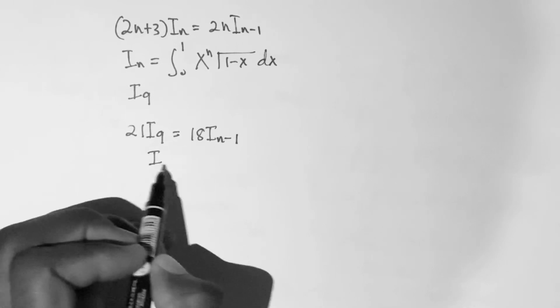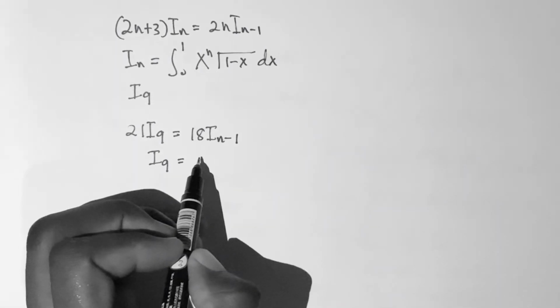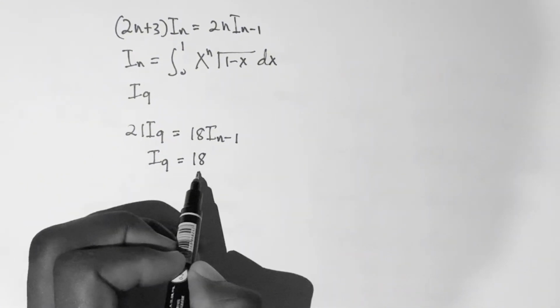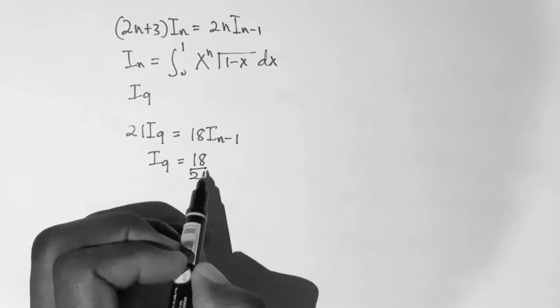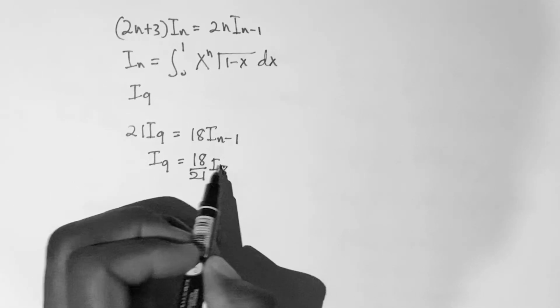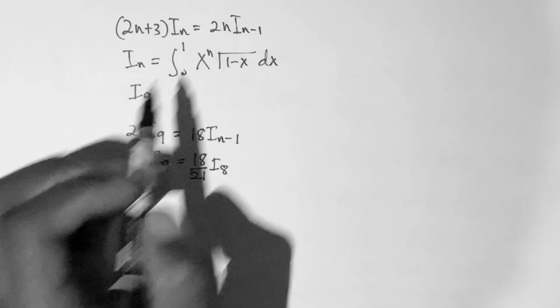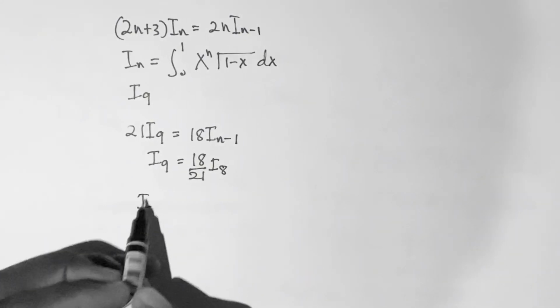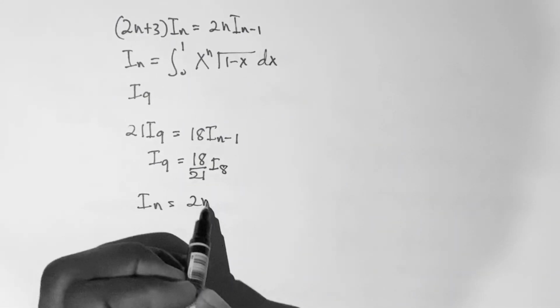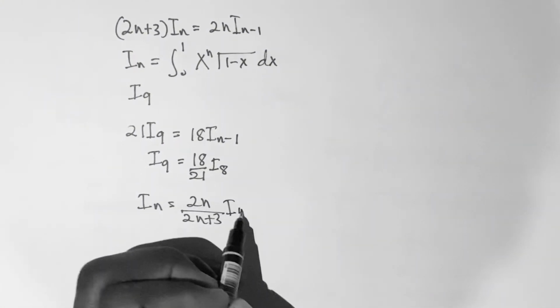So I of 9 is equal to 18 over 21, then I of n minus 1 becomes I of 8. So let's find I of 8. But for convenience sake, let me just rewrite I of n as equal to 2n divided by 2n plus 3 times I of n minus 1.